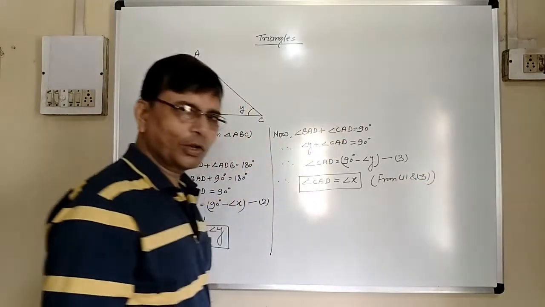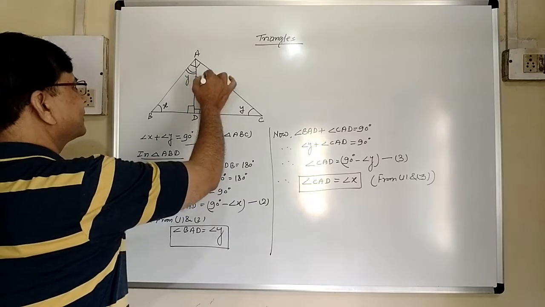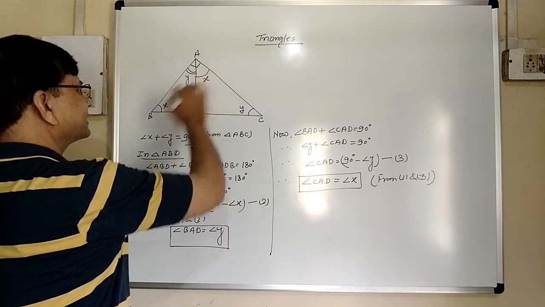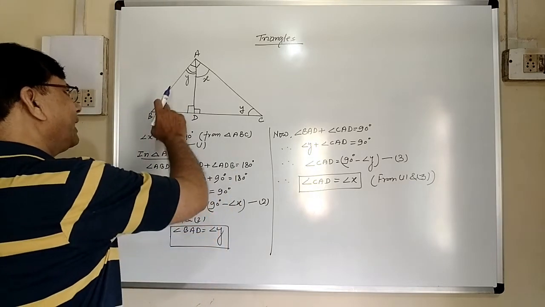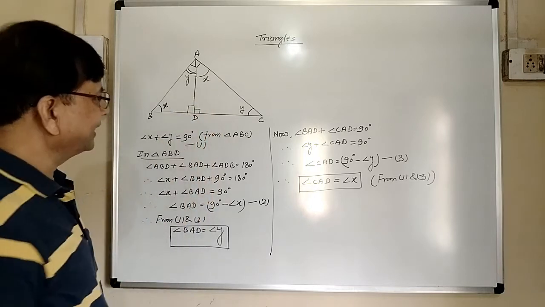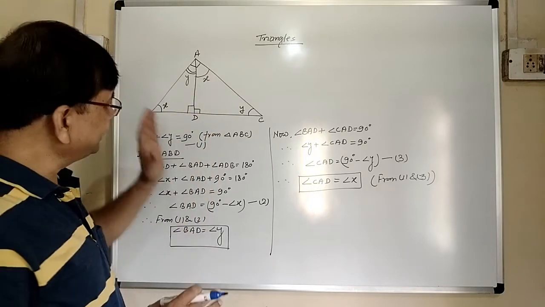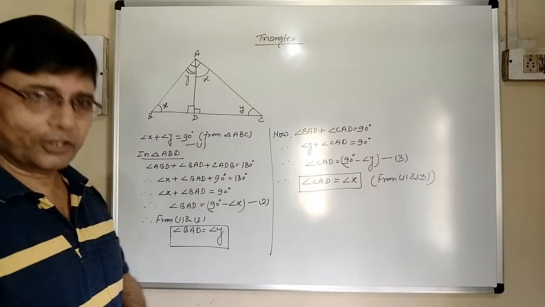Is it clear to all of you? So this angle is X and this is Y. X and Y sum to 90 degree here. So now we will talk about all these three triangles, whether they are similar or not.